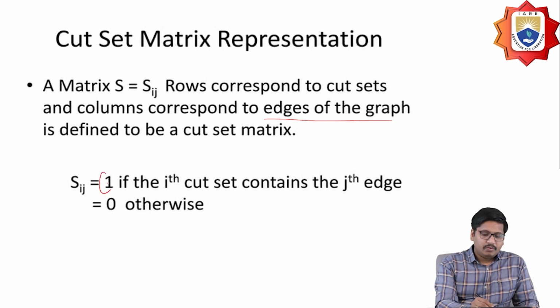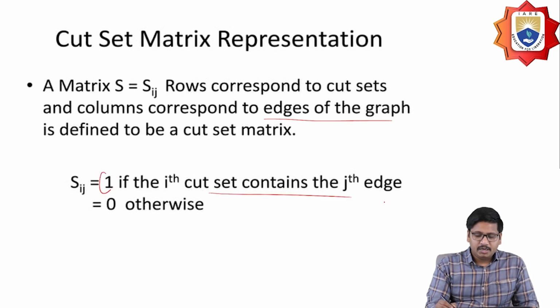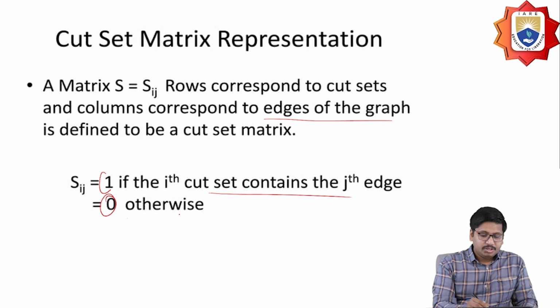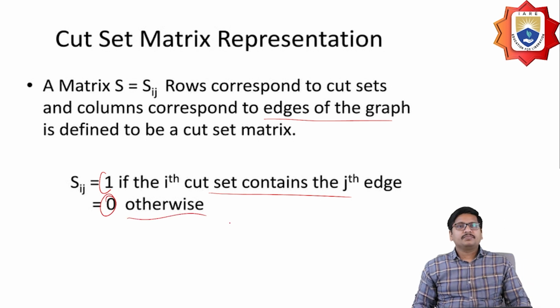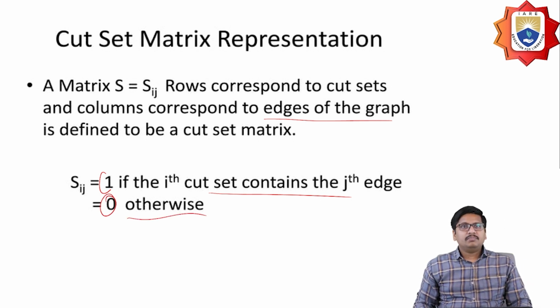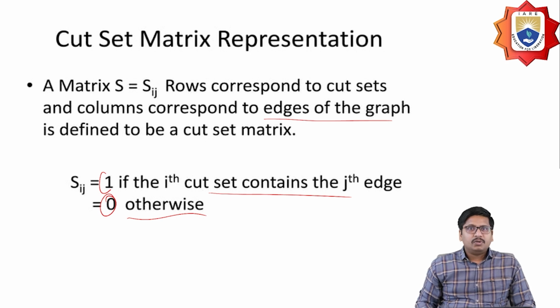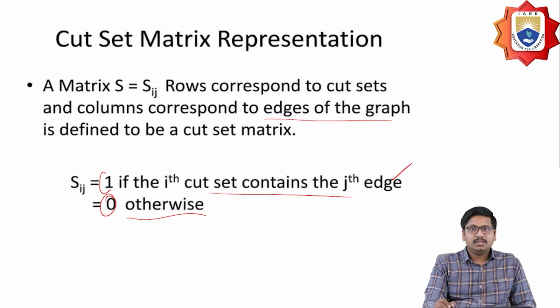So it should be 1 if a cut set contains the edge, and 0 otherwise. So in the cut set matrix, the rows correspond to the cut sets and the columns correspond to the edges, and it should be 1 whenever a cut set contains the edge, otherwise it should be 0.